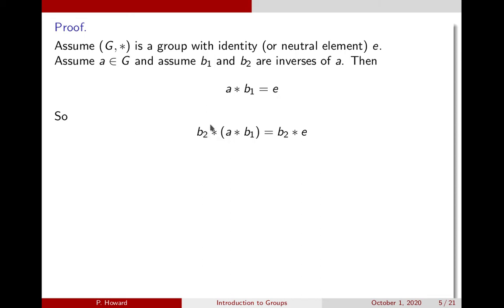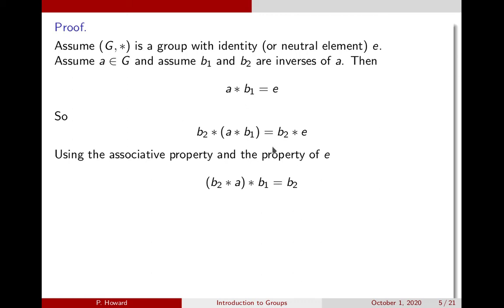So multiplying both sides of this equation by B2, we obtain this equation. And now, using the associative law on the left-hand side and the property of the identity on the right-hand side, we can group the B2 and the A together and multiply times B1 on the left-hand side. And E represents the neutral element, so E star B2 is B2.